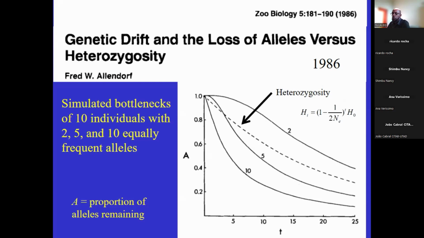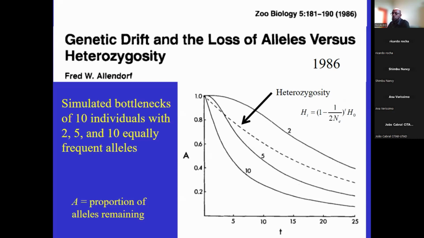And this is just an example showing the basic fundamental concept. This is a bottleneck of 10 individuals. I started with a population with either 2, 5, or 10 alleles that were equally frequent, and then simulated what happened over time. The dotted line is heterozygosity, which we can predict. We lose 1/2n of the heterozygosity each generation.